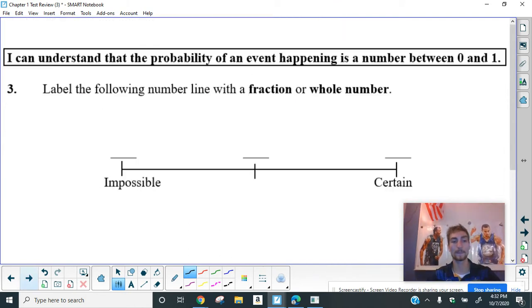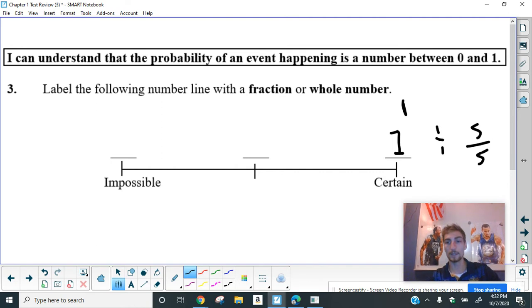All right, and now we're looking at the probability line. So this is talking about understanding that the probability of an event happens between 1 and 0. So when we think about 1, that's going to be if something happens for sure. You can think about this as 1 over 1, or 5 over 5, or 100 over 100. You could also think about it as a decimal.